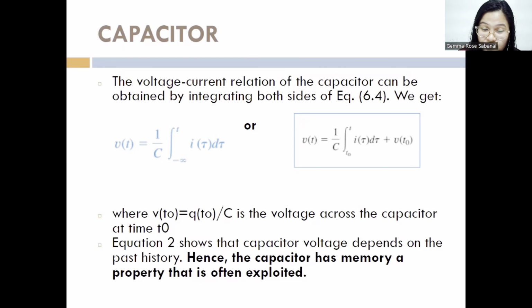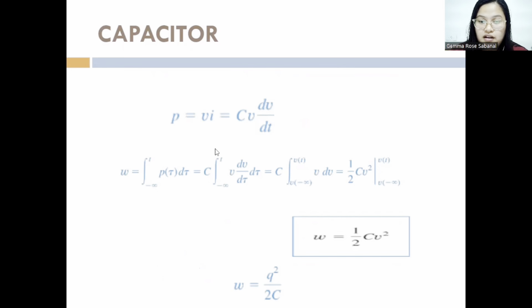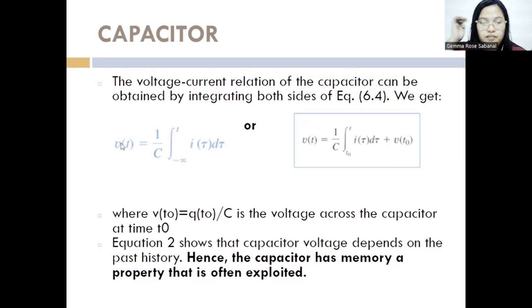We get these formulas, and we could use them later in our problem solving, where v(t0) equals q(t0) divided by C, the voltage across the capacitor at time t0.